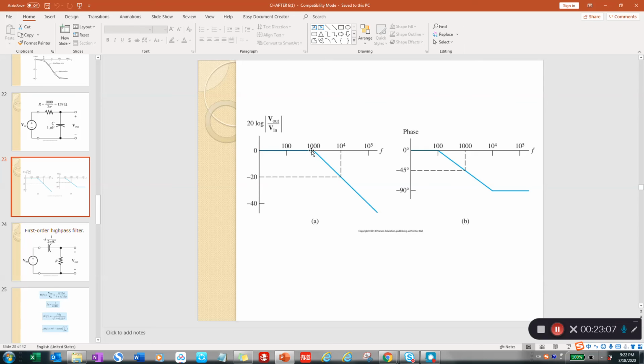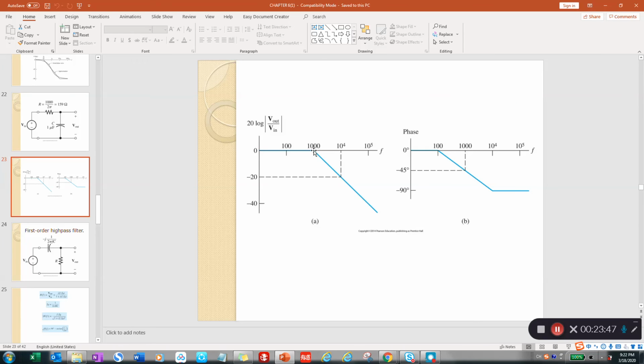Then if the frequency is less than 1000, we can just use 0 to represent all the amplitude in dB. And if we increase the frequency, for example, if the frequency is 10 times the break frequency, which is 10 to the power of 4, then we know that the amplitude in dB will be equal to negative 20.